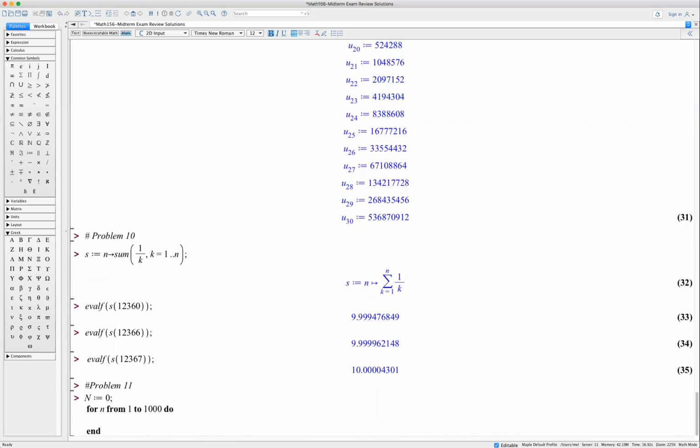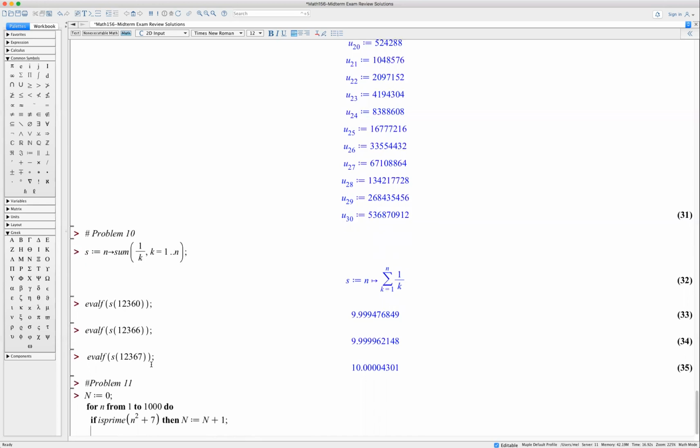and what do we want to do for each of these 1,000 integers? If is prime, that's a function that's true or false, depending on whether the number you're evaluating is a prime or not. So if n squared plus 7 is prime, then add 1 to this number, capital N. And that's the end of that.